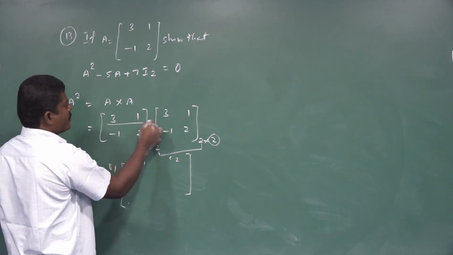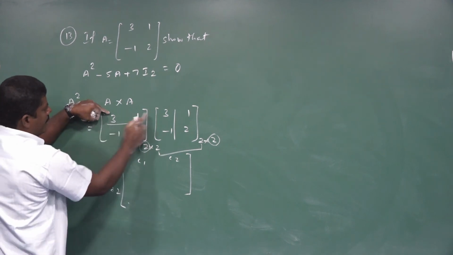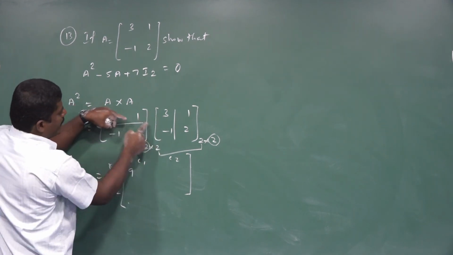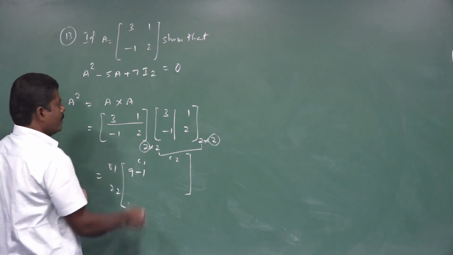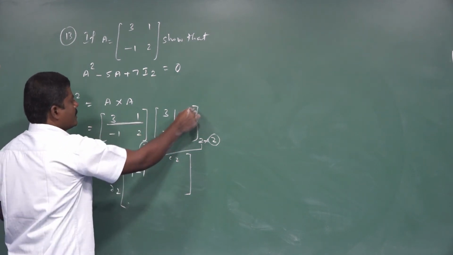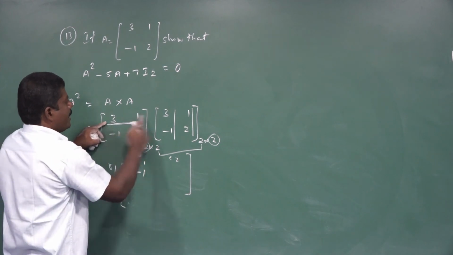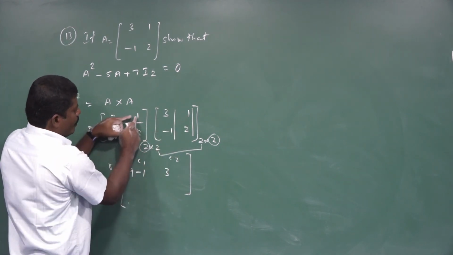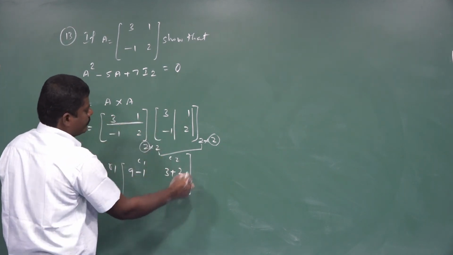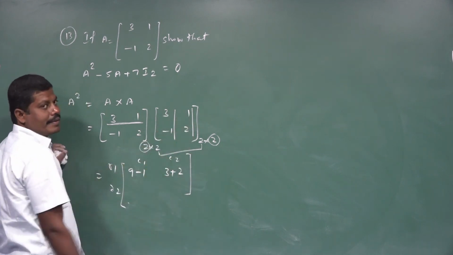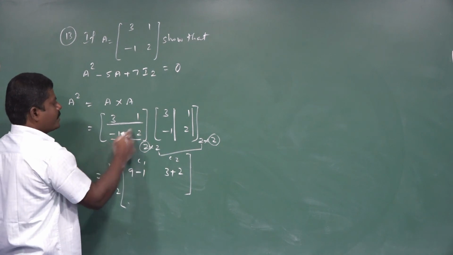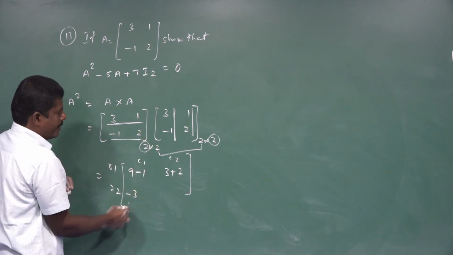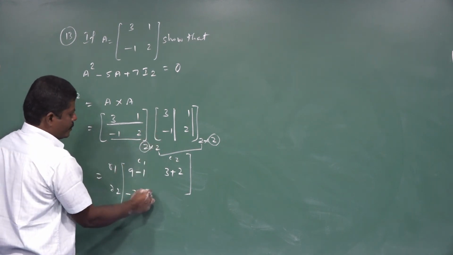Now you take first row, first column. 3 3s are 9. 1 into 1, 1 into minus 1, minus 1. Next same side, first row, second column. 3 1s are 3. 1 into 2, plus 2. Two columns are over. Next you take second row, first column. Minus 1 into 3, minus 3. 2 into minus 1, minus 2.